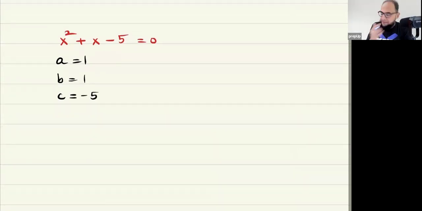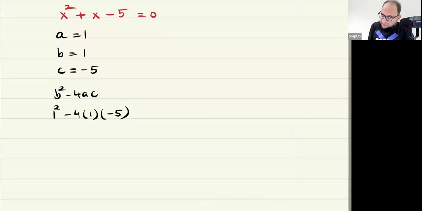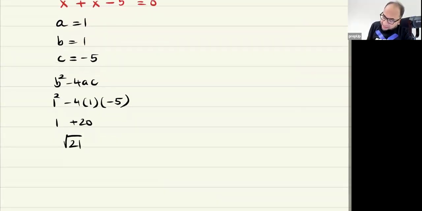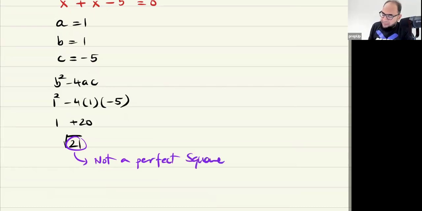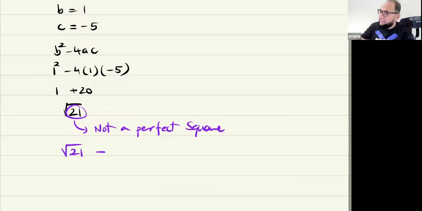If I evaluate b squared minus 4ac, which is 1 squared minus 4 times 1 times negative 5, this is 1 plus 20, which is 21, so the square root of 21. If we get a number which is not a perfect square, this square root of 21 will be in decimals.